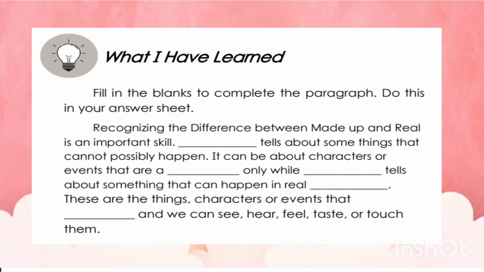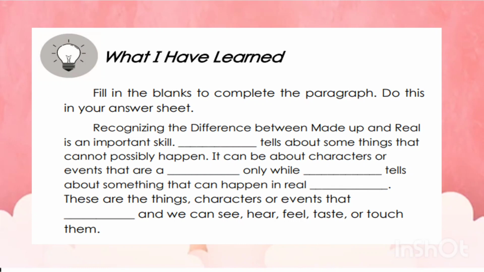What I have learned. Fill in the blanks to complete the paragraph. Do this in your answer sheet. Recognizing the difference between made up and real is an important skill. Blank tells about some things that cannot possibly happen.